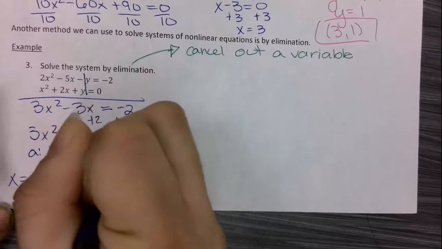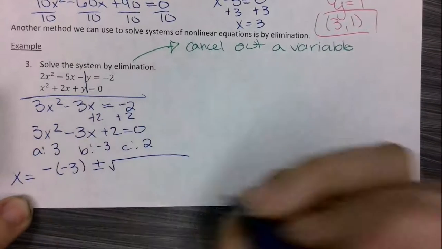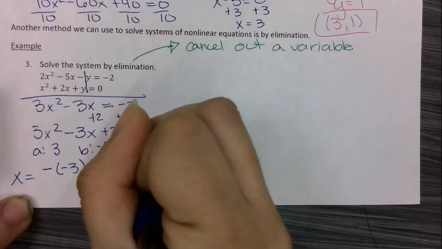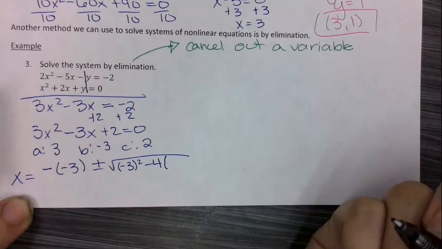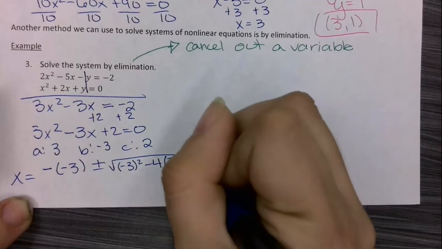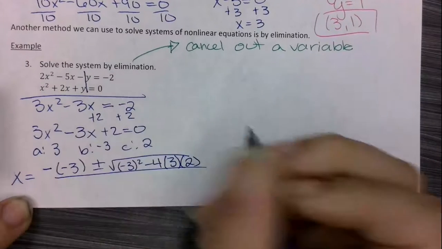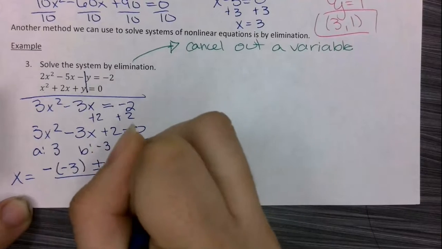Negative, negative 3 plus or minus the square root of b squared, so negative 3 squared, minus 4 times my a value, so 3, and my c value, 2. 2 times 3.